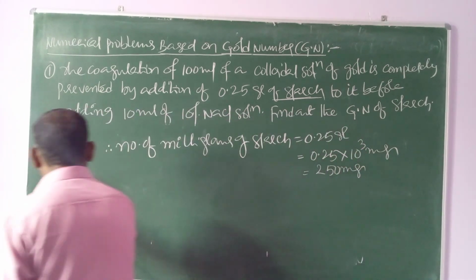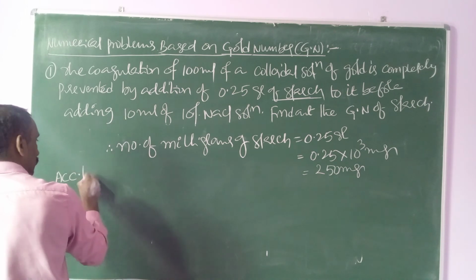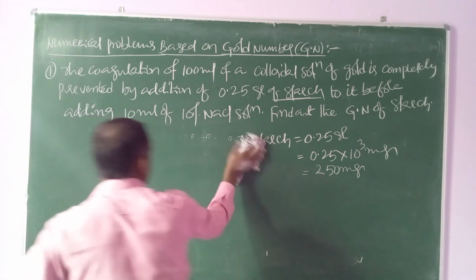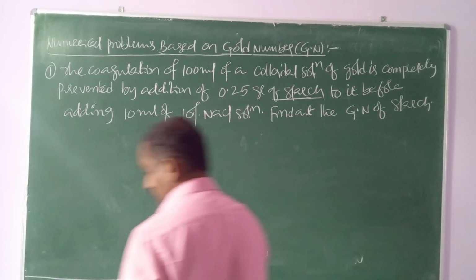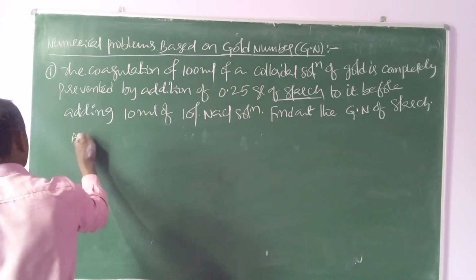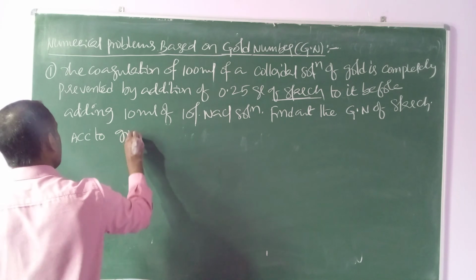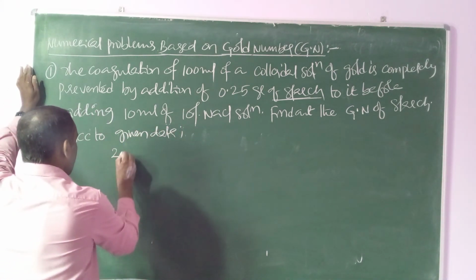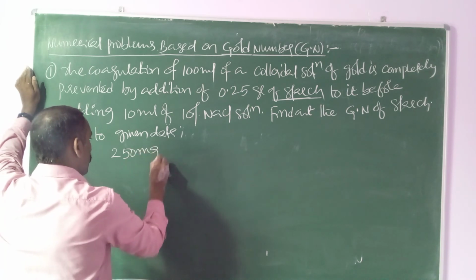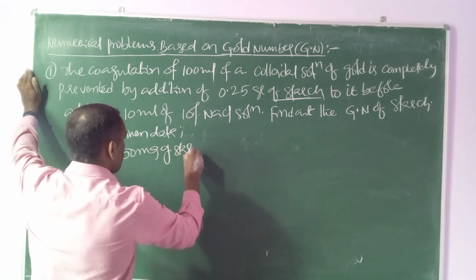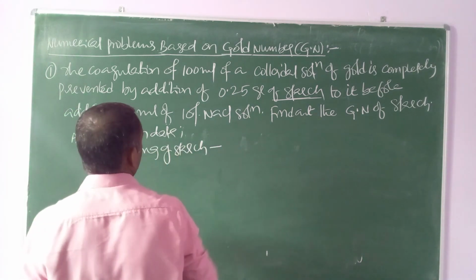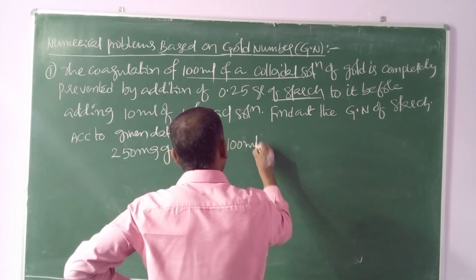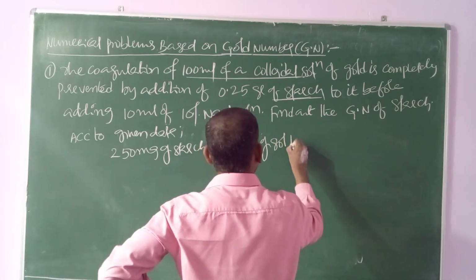According to the given data, these 250 milligrams of starch are added to 100 ml of gold sol.